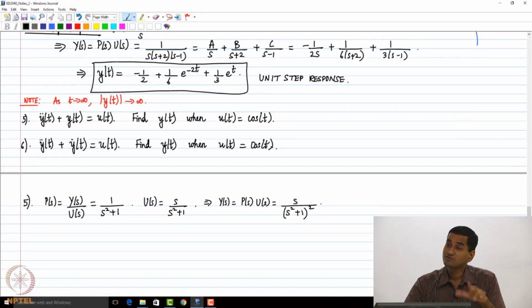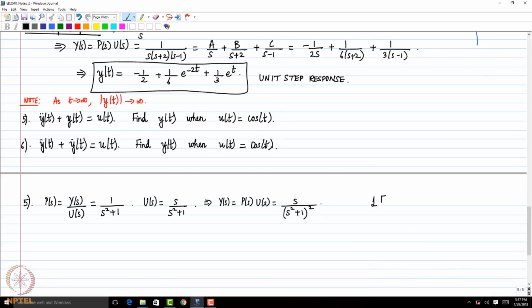If you recall, what was the complex differentiation theorem? The Laplace of t times f of t was minus dF(s)/ds. So let us say I take f of t to be equal to sin t.